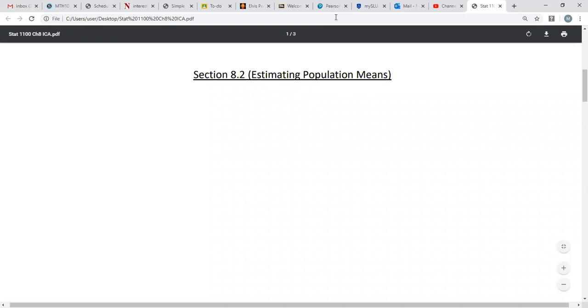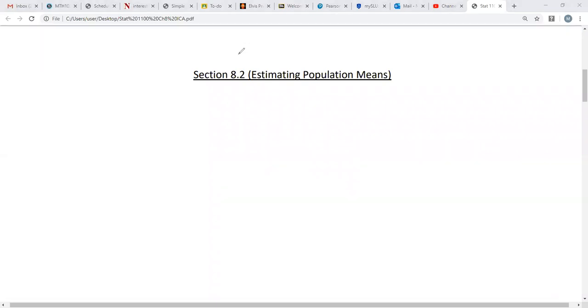So before we were able to get a best estimate value. So for example, we would use the sample mean as the best estimate for the population mean, we need to have a way to be able to tell how good that estimate is.